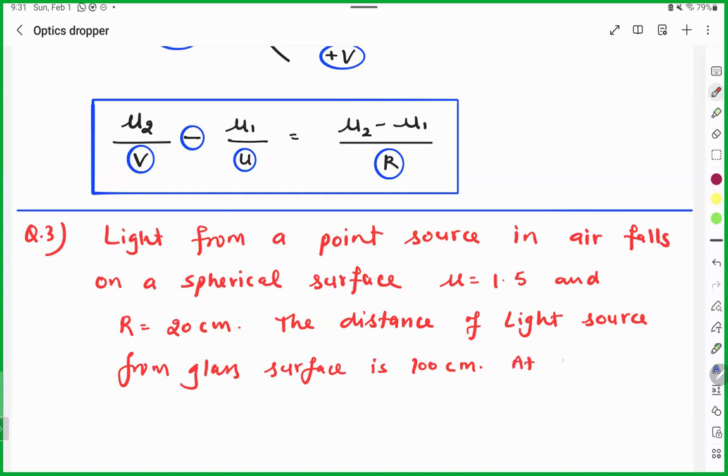At what position is the image formed? Calculate this. Do it, guys.